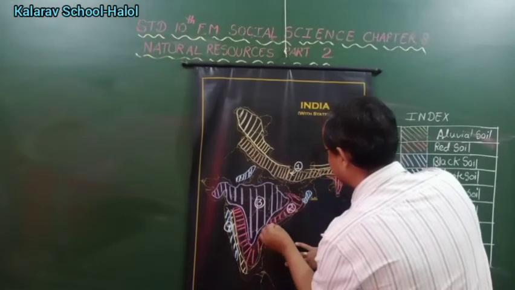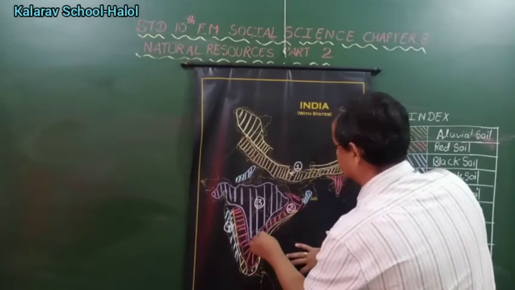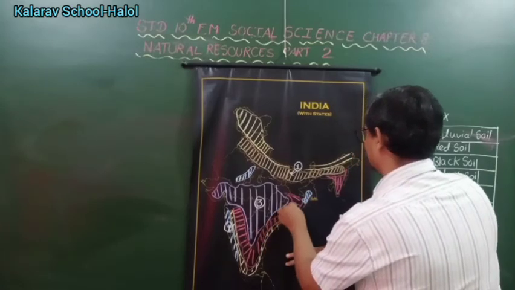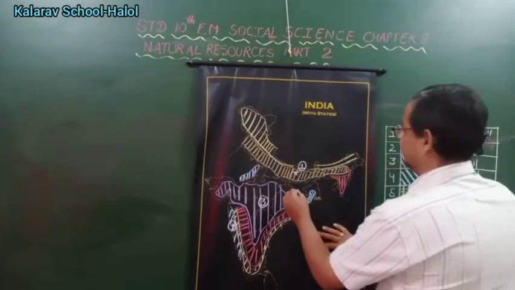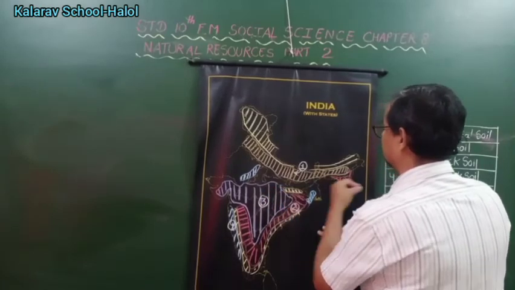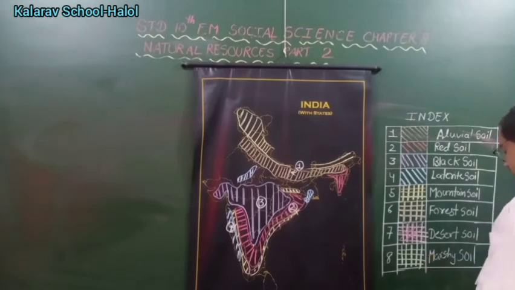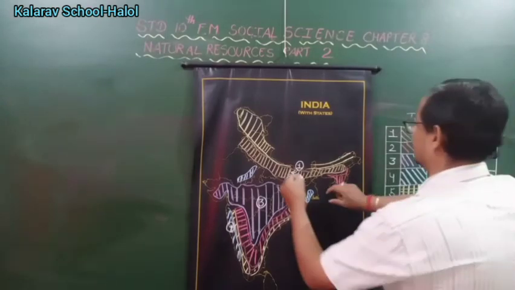Eastern Ghat, here also you will get mountain soil, and in certain parts of Chhattisgarh and all, here also you will get mountain soil. Number 5.